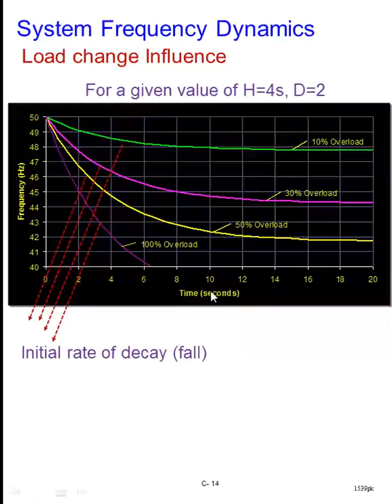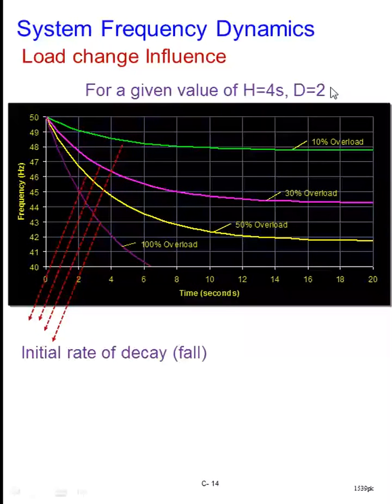This shows the initial rate of fall, or decay, of frequency for the amount of load change we are talking about. Remember, the frequency will fall from the nominal value whenever you have an overloading, that means an increase in the load. These plots have been shown for a given inertia constant and load damping constant.